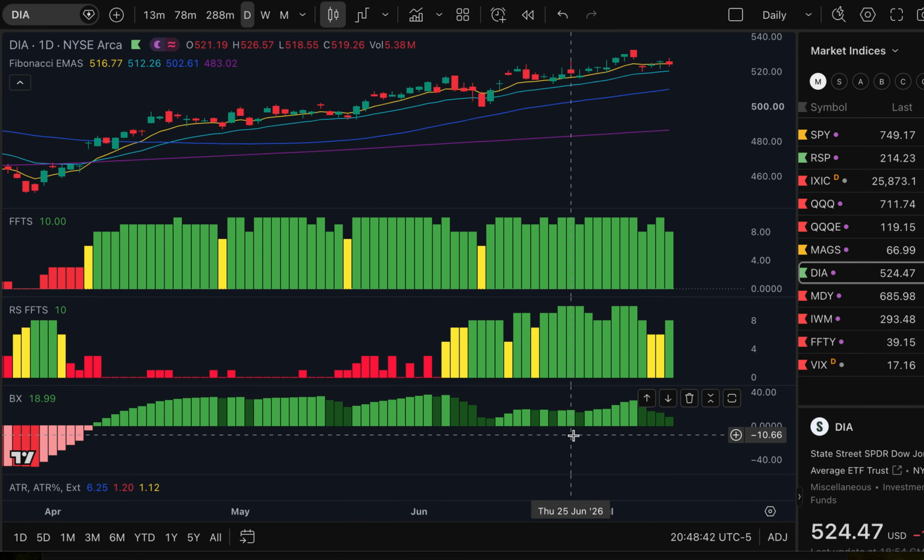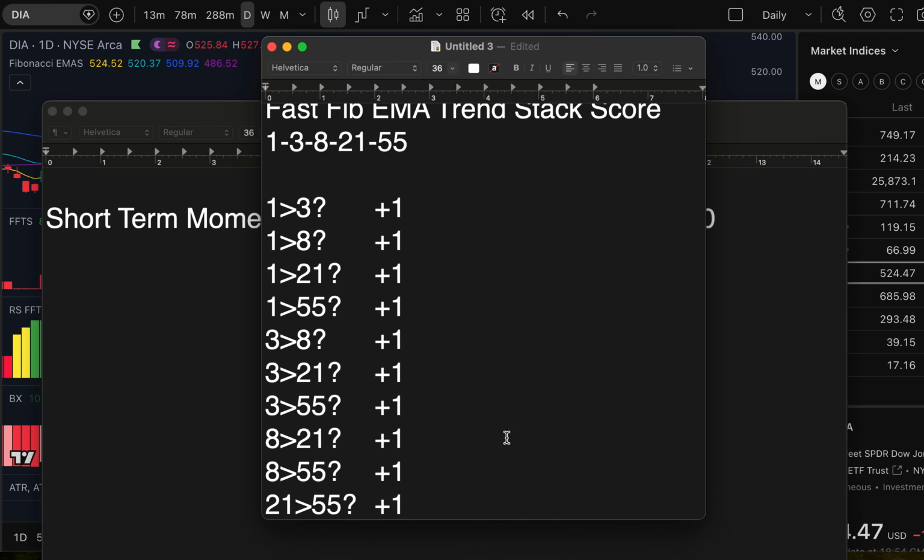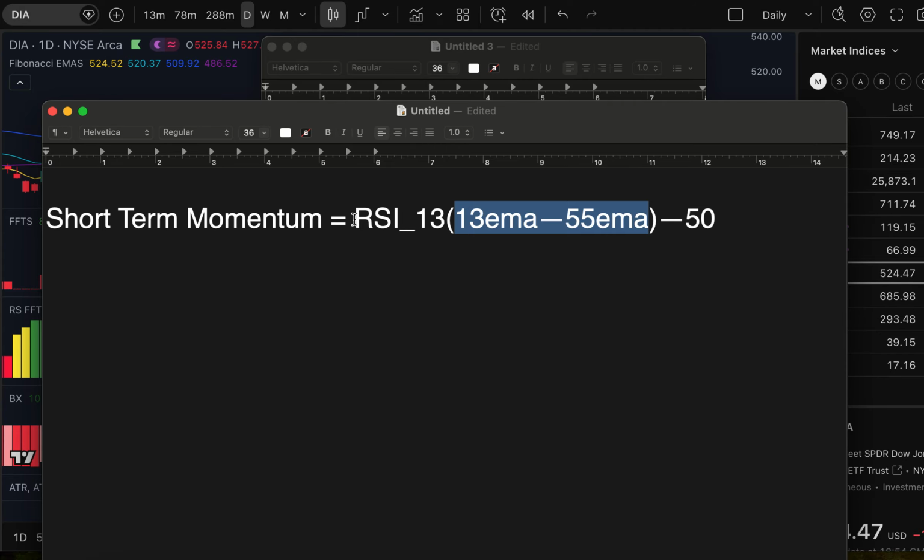And the third indicator is a momentum indicator, and what it does is it computes the RSI over the last 13 days, and it's the RSI not of the price, but the RSI of this quantity, 13 EMA minus 55 EMA.